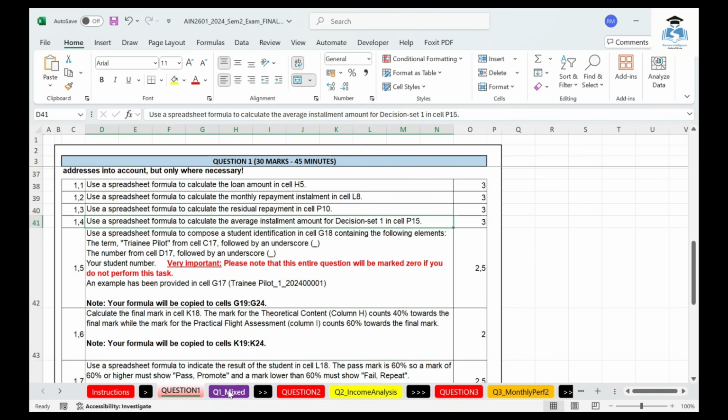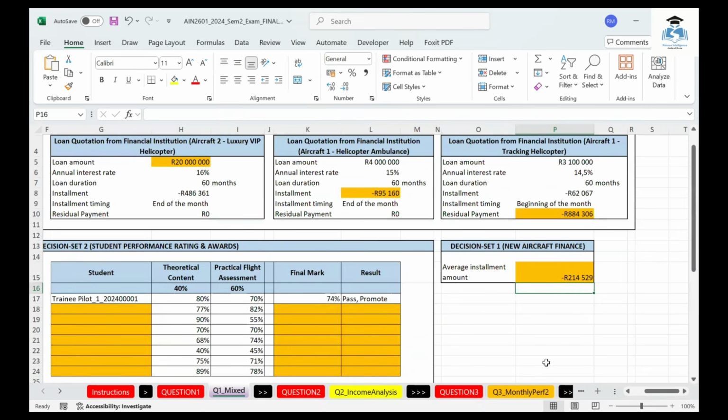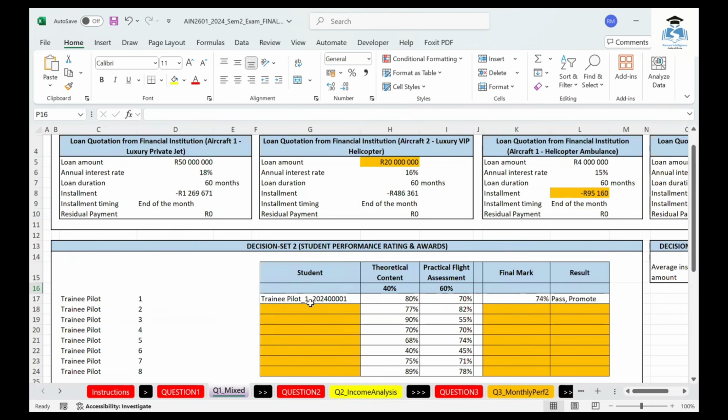An example was given, which is this one. So what do we do in this case? Remember, we did something like this on how to join either a text or a text and number.